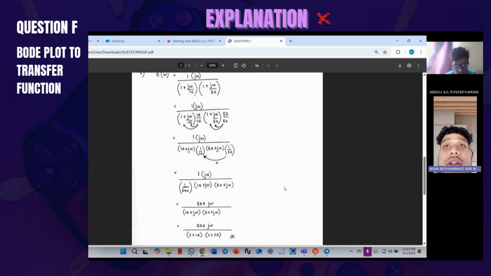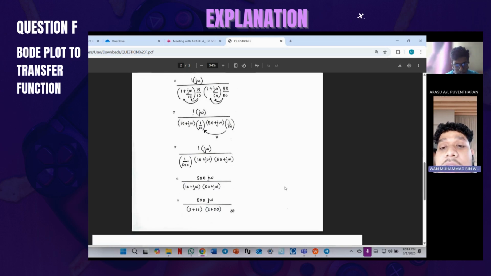For the next part, we need to bring out the constants, which are 1 over 10 and 1 over 50, to the outside. We multiply these and get 1 over 500.